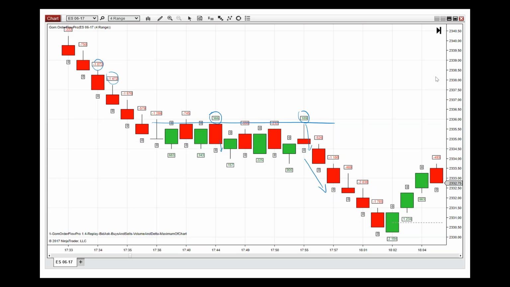The delta divergence that you were describing, where delta is red with a tail at the bottom but price is at a low and starts to increase. Does that work differently if volume-based bid-ask versus up-down tick? The reason I ask is absorption is, as I understand, mostly limit orders, and volume bid-ask is mostly market orders.